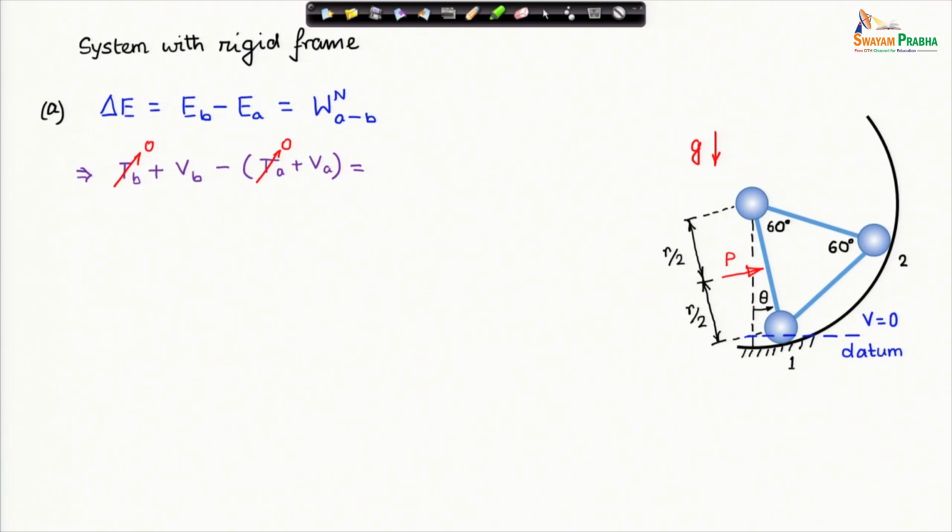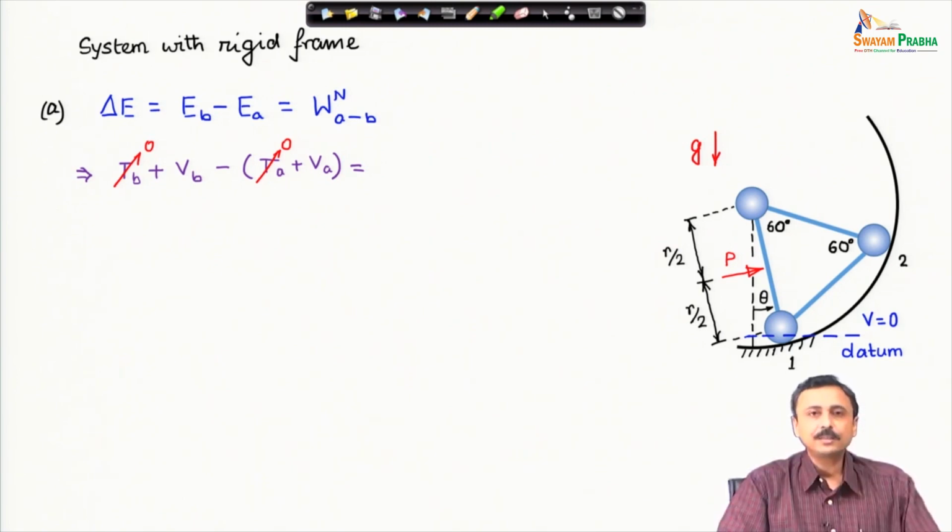On the left hand side we have the total mechanical energy at B minus total mechanical energy at A. State B is obtained when theta equals 60 degrees, and the total mechanical energy there is kinetic plus potential.